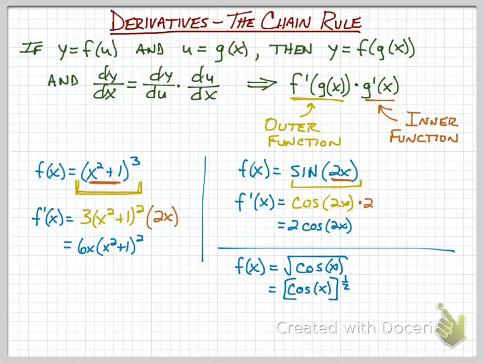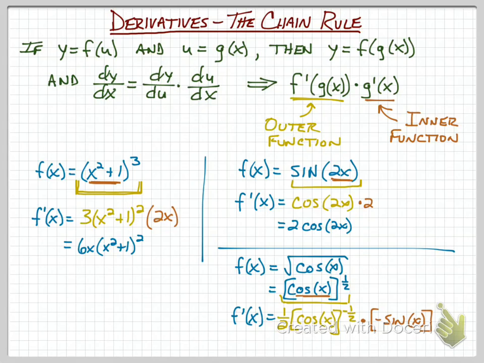As we use the chain rule, we're going to start by looking at the outer function. So we're going to take 1/2 cosine x to the negative 1/2 power, because remember we subtract 1. And then we're going to take the inner function, which is cosine x. The derivative of cosine x is negative sine x.